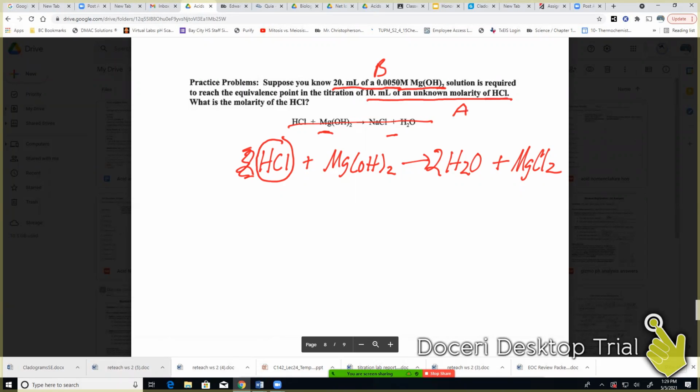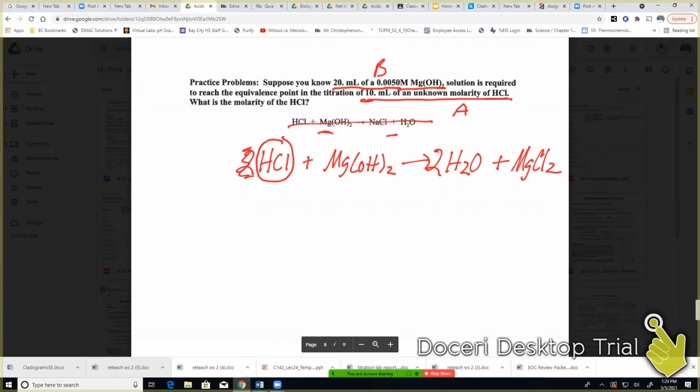So there's my acid information. That means I had my magnesium hydroxide in the buret, I carried out the titration, and it took 20 mL for me to see the color change. In the Erlenmeyer flask, I knew it was hydrochloric acid. I don't know its strength, and I put 10 mL in there.